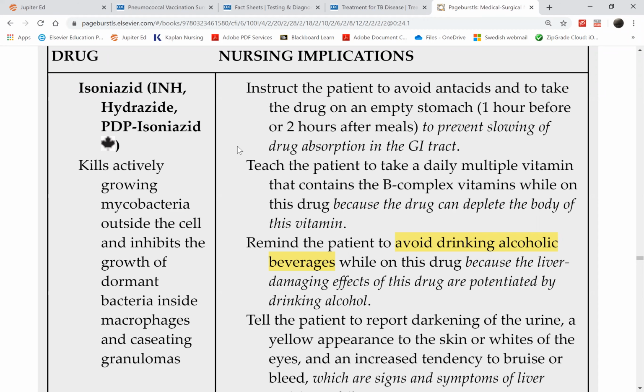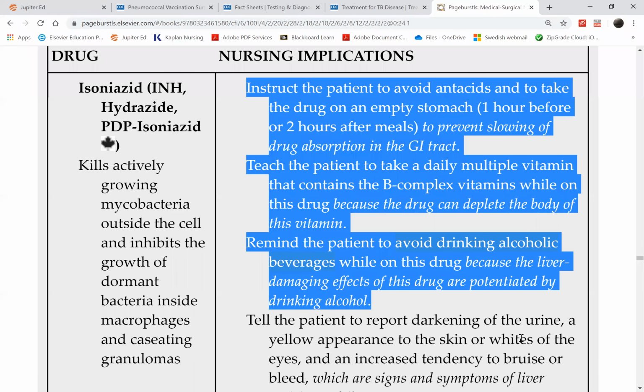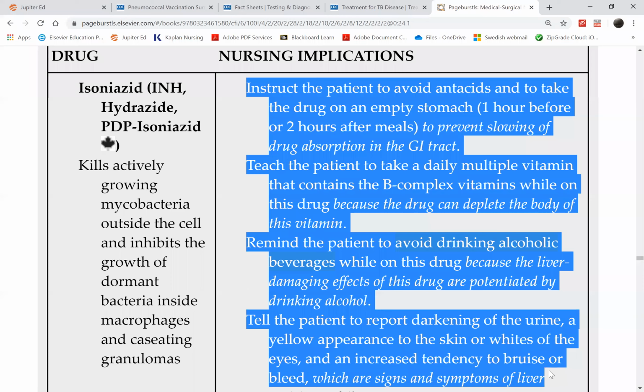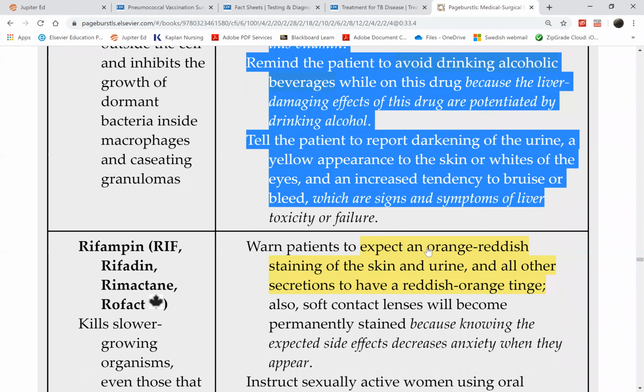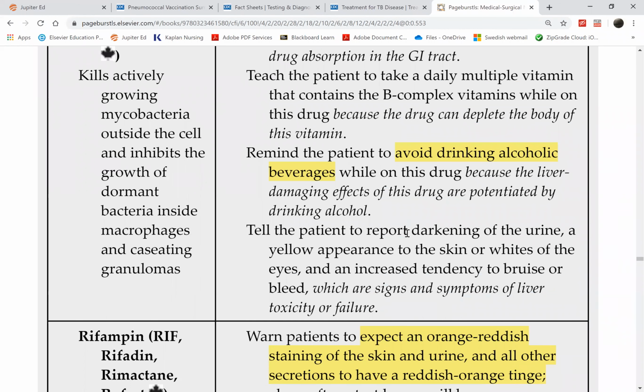So INH, these are your teachings for the patient. Please do not confuse darkening of the urine with orange reddish color of the urine and other body fluids. Okay, this is different. When you say darkening of the urine, that means this is now bilirubin inside your urine.